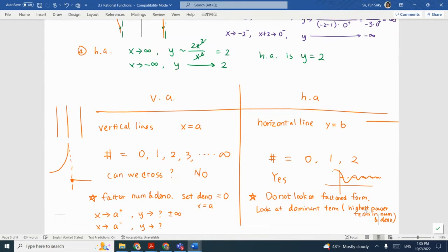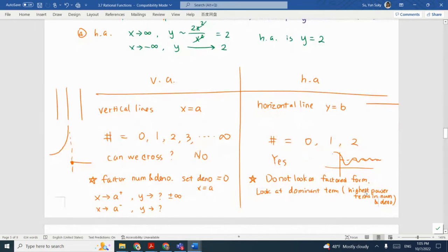And what do you want to do? You want to let x go to infinity and see what happens to y. Is y approaching a number? If yes, then we have a horizontal asymptote. And how about when x goes to minus infinity? Is y approaching a number? So this is what we look at. This is a comparison between vertical asymptotes and horizontal asymptotes.